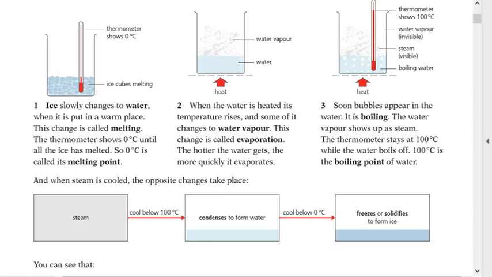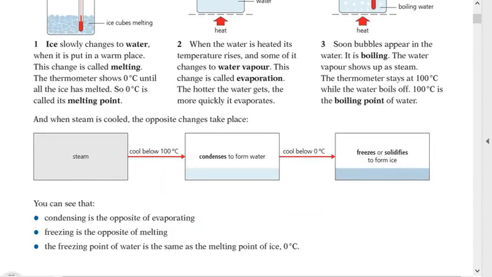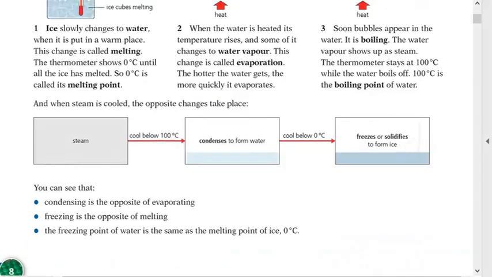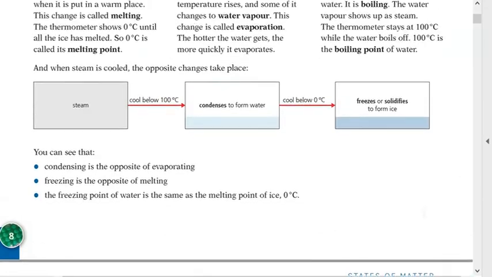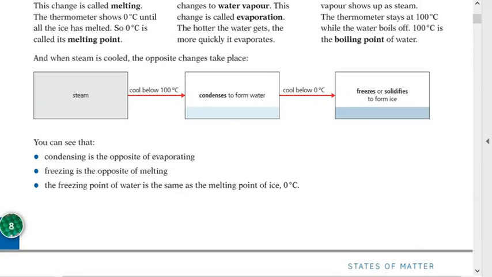If it's pure water, it will only boil at a temperature of 100 degrees Celsius, and it will also freeze at 0 degrees Celsius. So observe how you have different changes of state: freezing, melting, condensation.